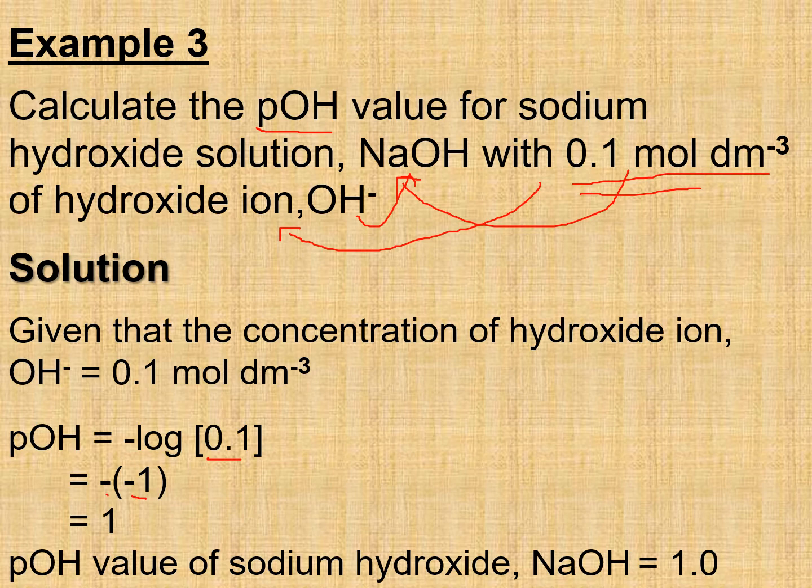And again, negative times negative, it will become positive, and your pOH is 1. pOH is not pH, okay? pOH is the pOH value of sodium hydroxide. If you would like to calculate the pH of the sodium hydroxide, you have to do 14 minus 1, the value of pOH, then you will get the pH value. Maybe the next example, okay?